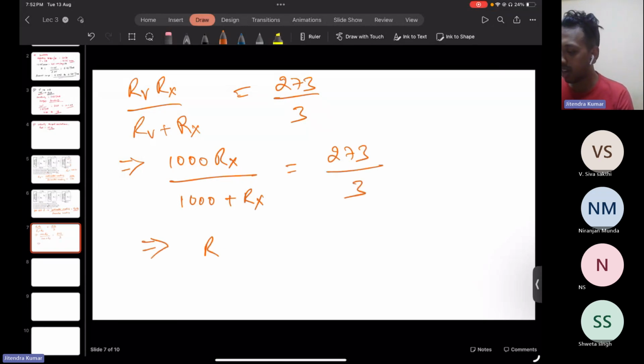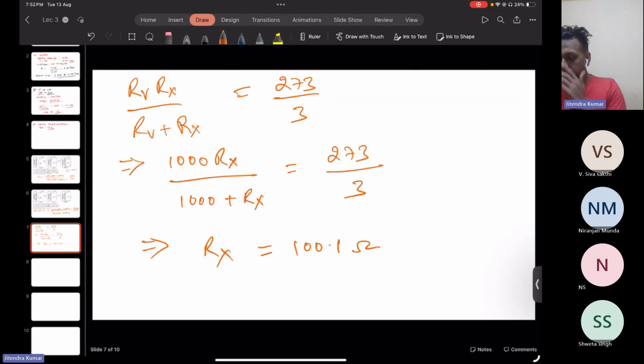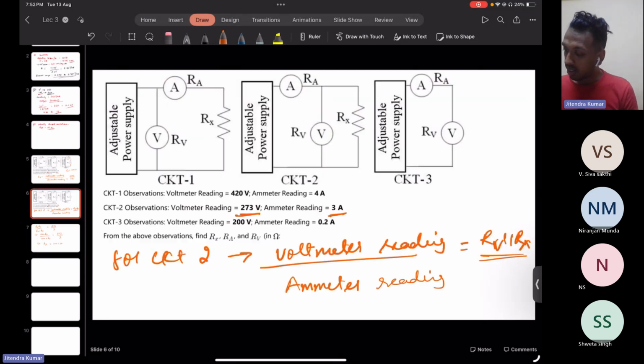If you calculate Rx from this equation, you will get 100.1 ohm. So Rx you are getting 100.1 ohm. This satisfies that Rx is of course less than RV.